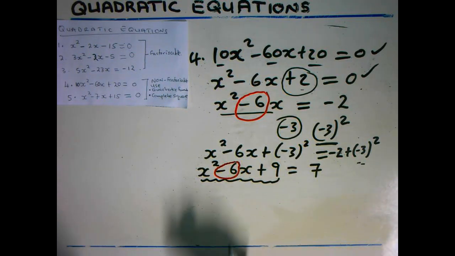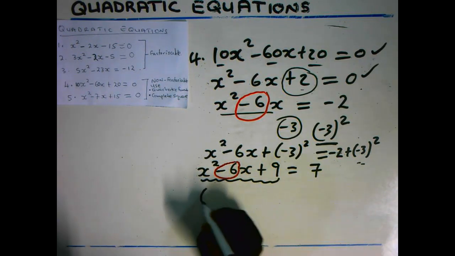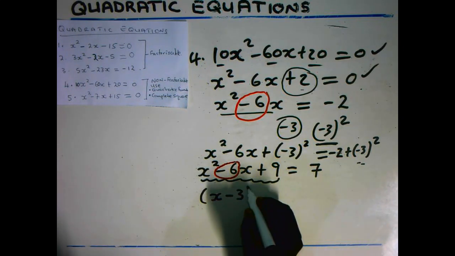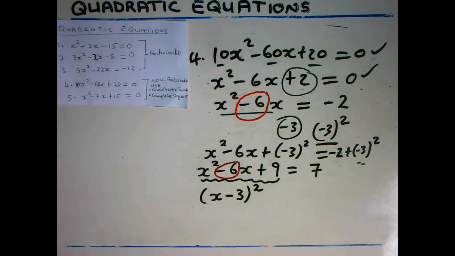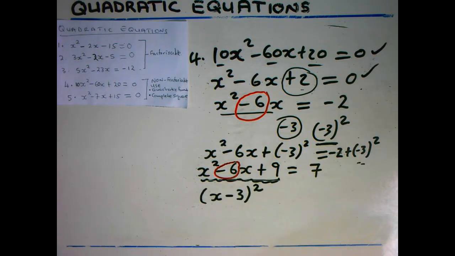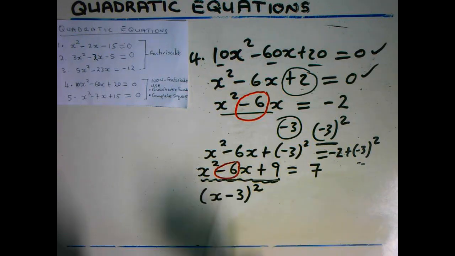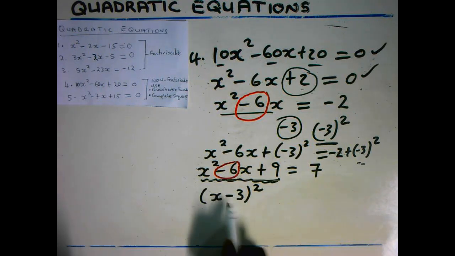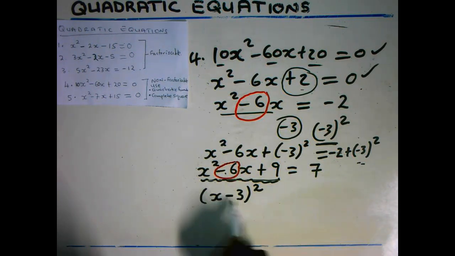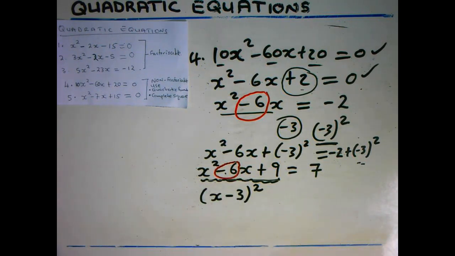Divide that by 2 to get minus 3. So you write this like this: minus 3, then you square. But take note that if you expand this, you get this. Suppose we had plus 6 here, it will be plus 3 here, because we are simply dividing that coefficient by 2 to determine this. So you have completed the square.